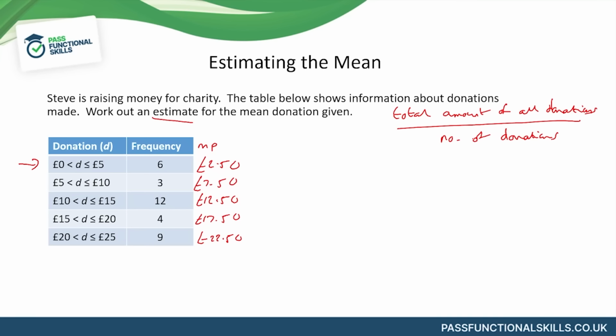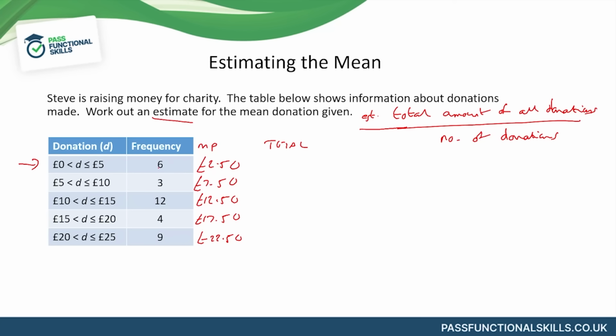Now, to work out the mean, we need the total amount of all donations divided by the number of donations. So for an estimated mean, we want the estimated total amount of all donations divided by the number of donations. So if 6 people donated £2.50, then we can work out our estimated total for each row.